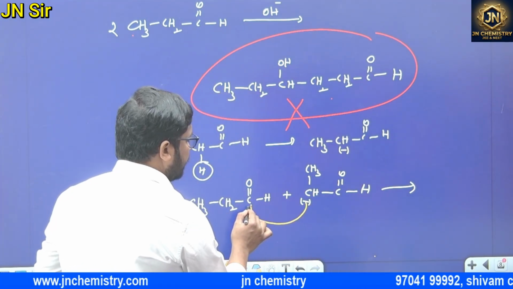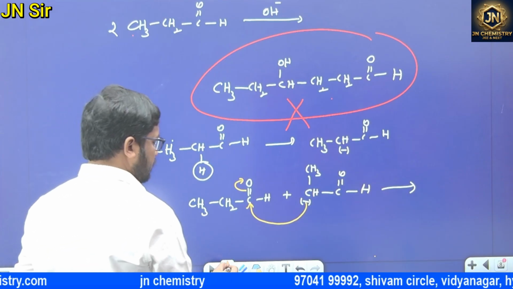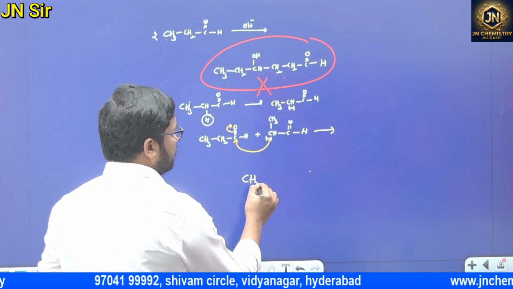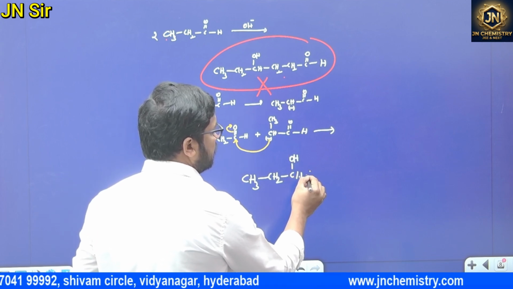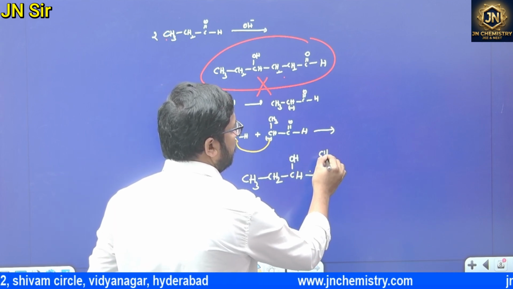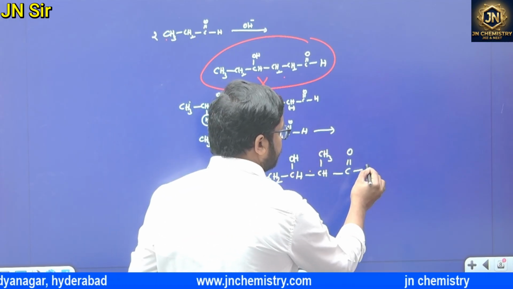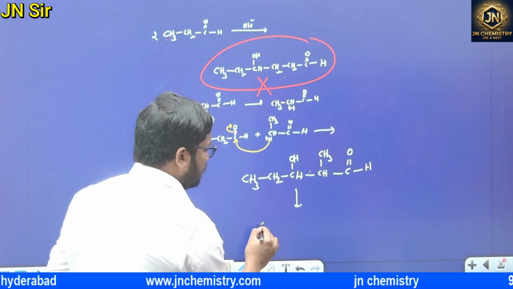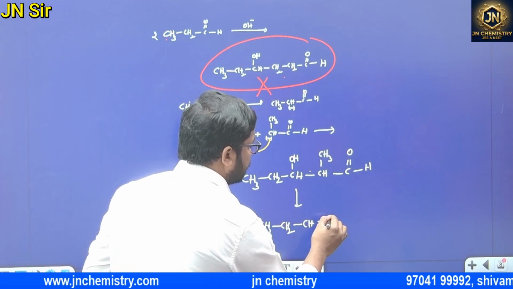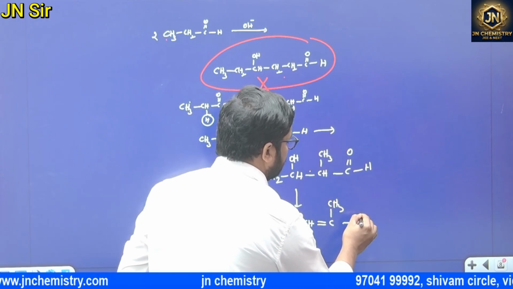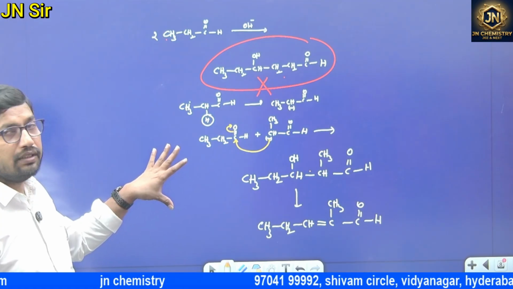Right? Nucleophilic addition reaction. Then we get this product: CH3, CH2, OH, I am directly writing the OH. You can write CH3 up and down, it doesn't matter. And remove the water. CH3, CH2, CH double bond C, CH3, C double bond O. That's it. This is the way we need to do it.